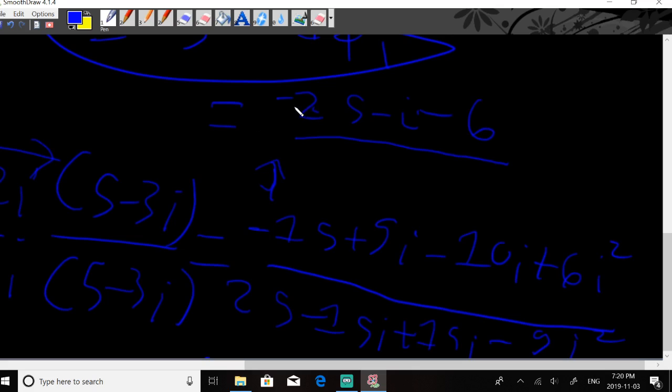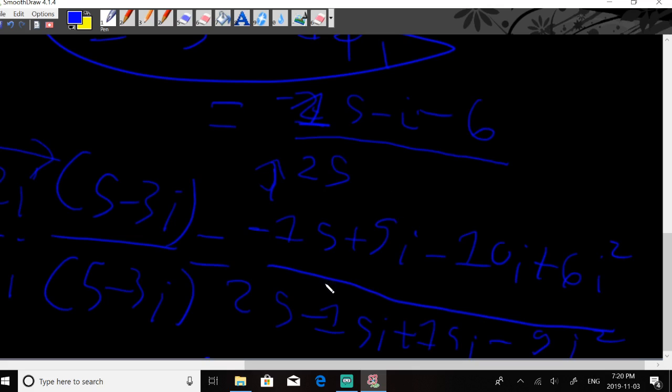So this equals negative 15, 9i minus 10i, which is negative i, plus 6i squared. i squared is negative 1, so it's negative 6. Did I do it right? Yeah. 25 is alone right now.